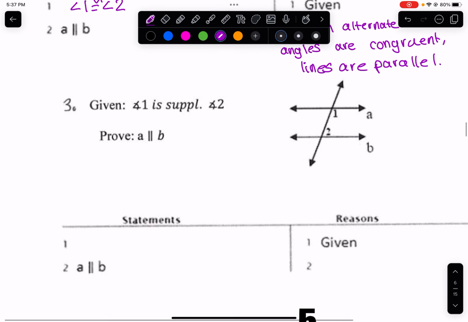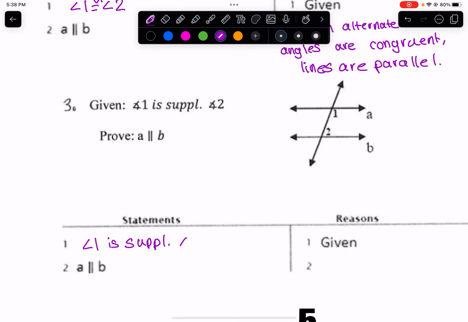Angle 1 is supplementary to angle 2. This says that angle 1 plus angle 2 is equal to 180. So, again, if we look at the highlighting, we can see that these will end up being different colors. So we have to name the relationships.